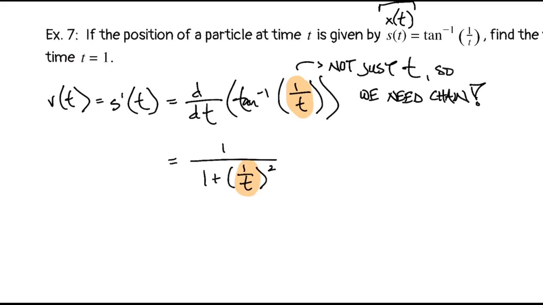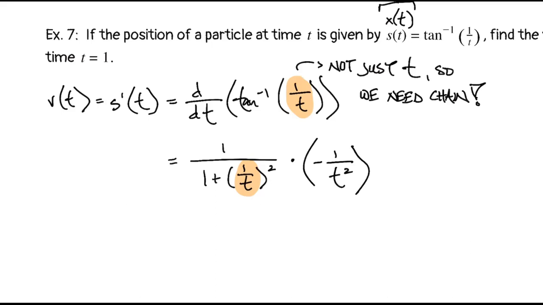But then we have to find the derivative of the inside function. So what is the derivative of 1 over t? Very nice. So we have negative 1 over t squared. Where did people get that from?